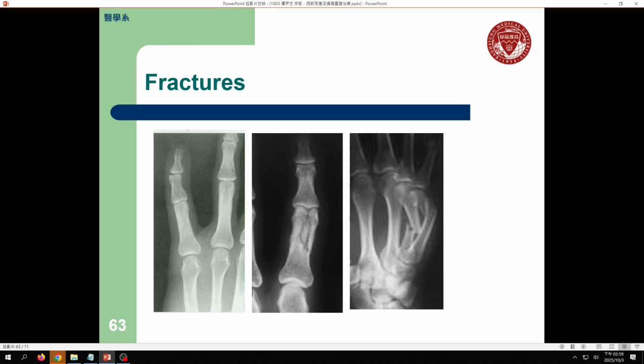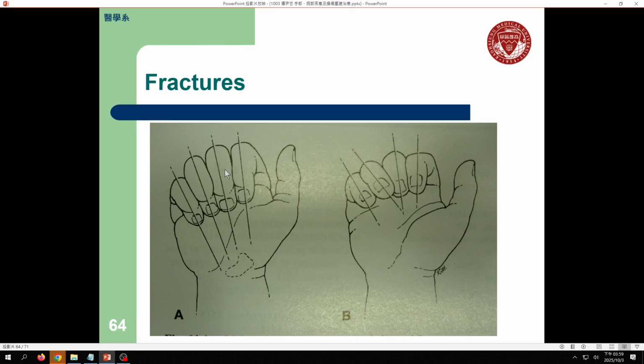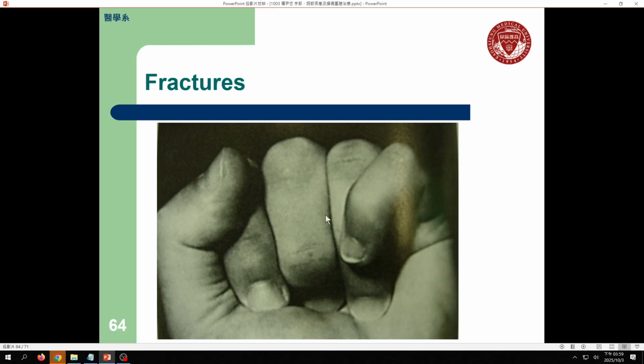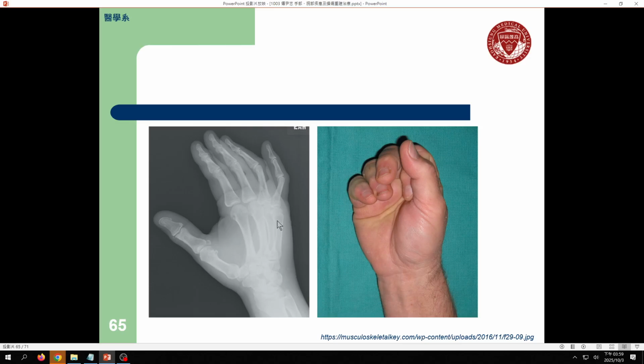I want to say that the principle: you could fix it with plate, with pin, any kind of method you could fix it. But the principle is that it should be parallel, facing the scaffold. Okay? If you do not do that, you will see the scissor joint, crossing the finger, then you cannot grasp anything. Okay? Just like this.